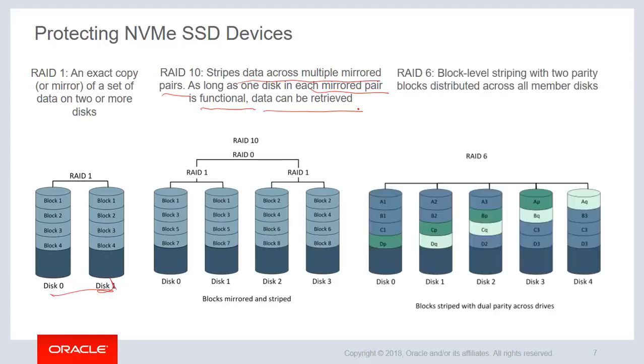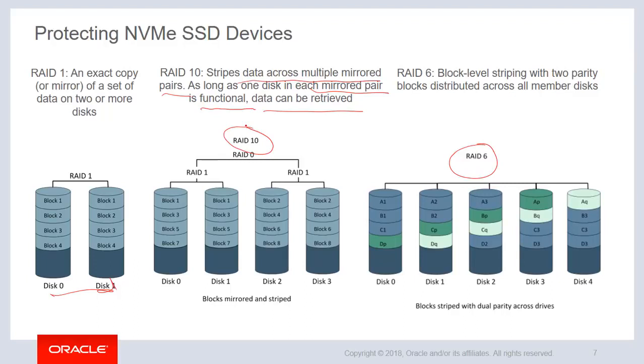There's also something called RAID 6. Now RAID 6 gives you block level striping with 2 parity blocks distributed across all member disks. What it means is you can lose 2 drives and still not lose any data. The issue with RAID 6 versus RAID 10 is that in case of RAID 6, there is an extra checksum, so the writes are much slower compared to RAID 10.